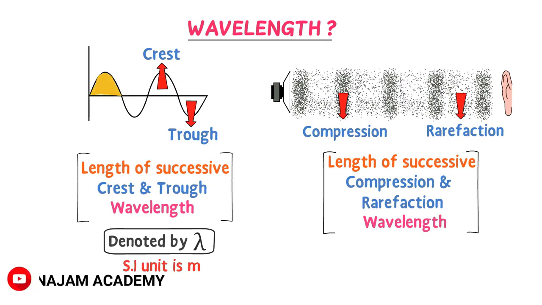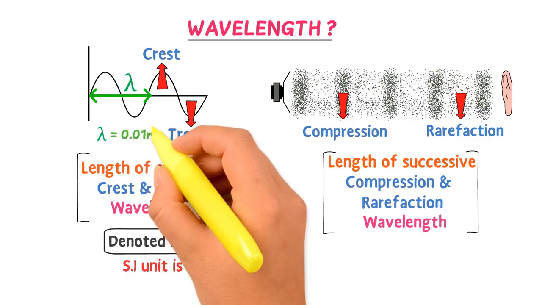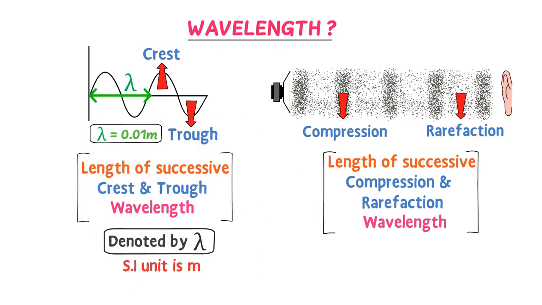We know that this region is crest and this region is trough. So the length of one crest and one trough is wavelength or lambda. Let's suppose that its wavelength lambda is equal to 0.01 meter. We also know that this region is compression and this region is rarefaction.